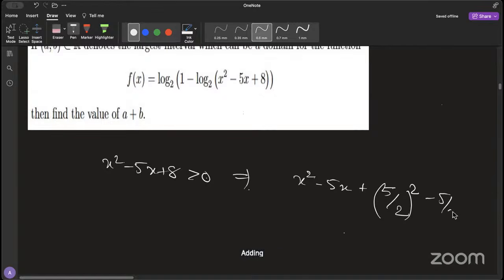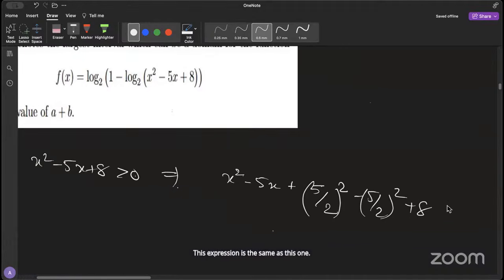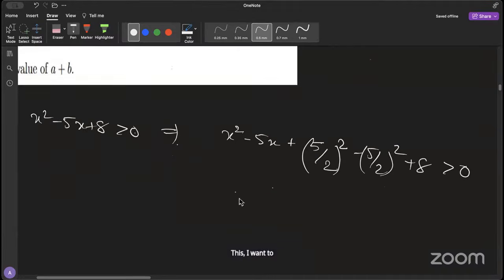Adding this and subtracting this thing from here, this expression is the same as this one, which I want to be greater than 0. And x square minus 5x plus this entire thing is just x minus 5 by 2 whole squared.